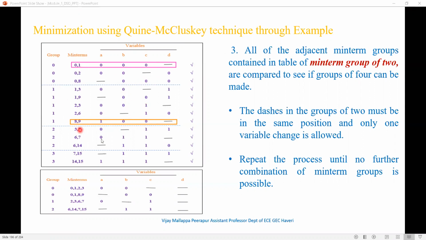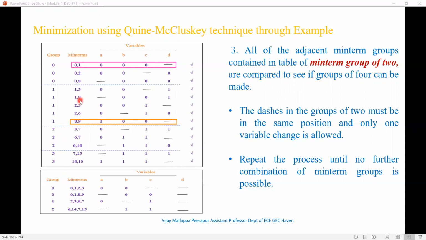Now we can create a group of 4 mean terms, including the mean terms 0, 1, 8 and 9. Since it is 0 and 1, we replace that with a dash. Where it is 0 and 0, we keep it as it is, 0, 0, 0. Since it is a dash, we keep the same dash here. Right? Everyone understood?